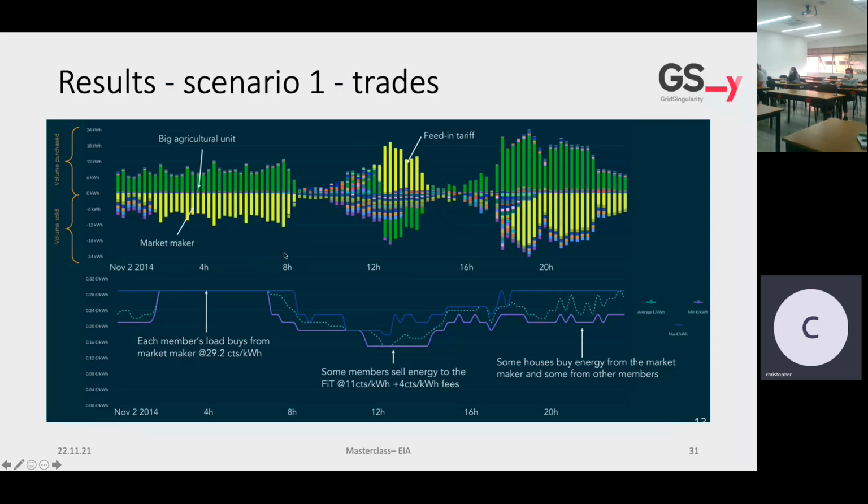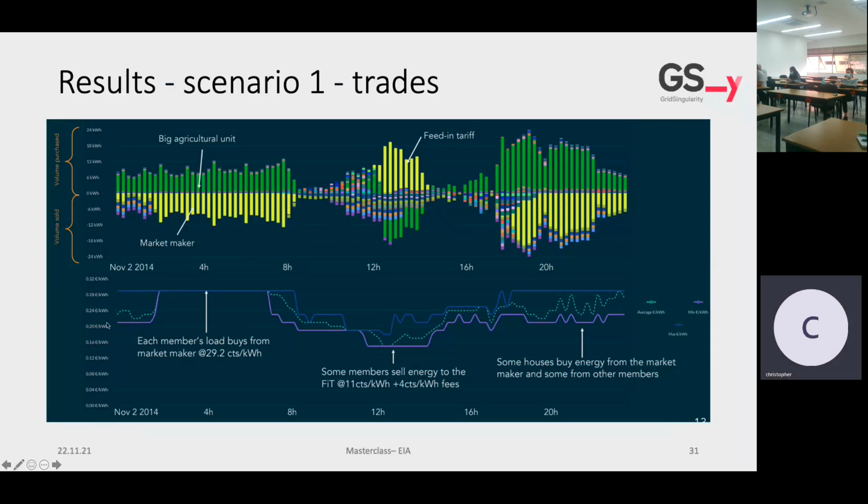But as soon as the sun rises, the PV starts producing electricity. And you can see here all the different colored squares, which means that all the different houses were trading among each other. And then after sunset, there is less trade, and the only trades remaining are from the houses that had batteries.